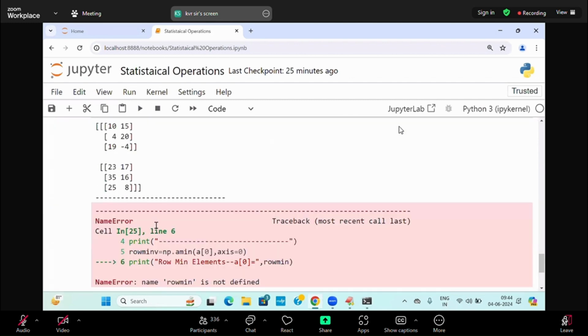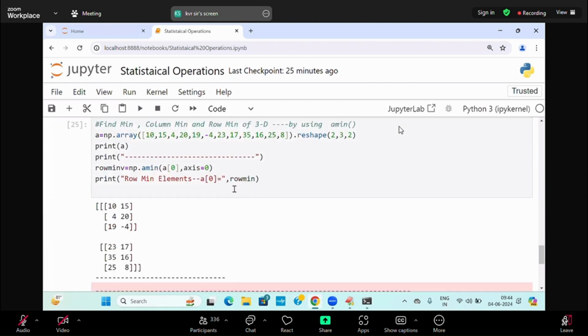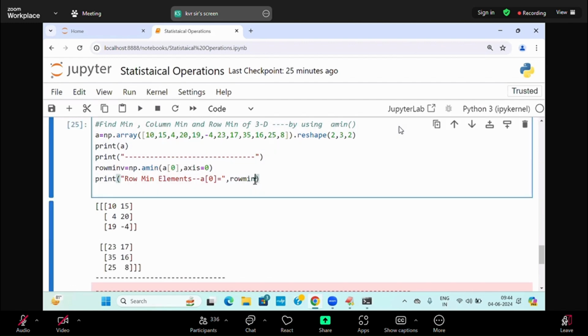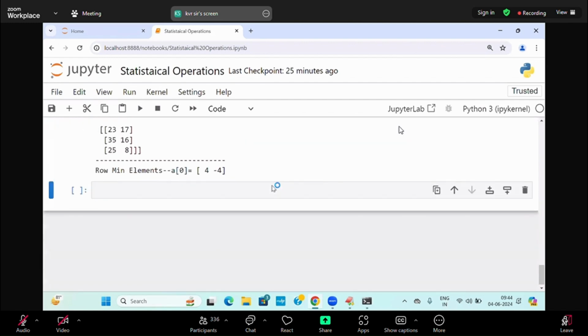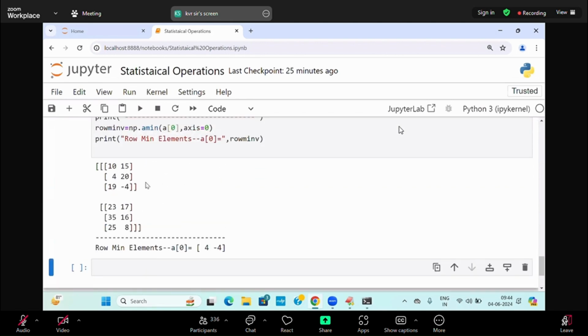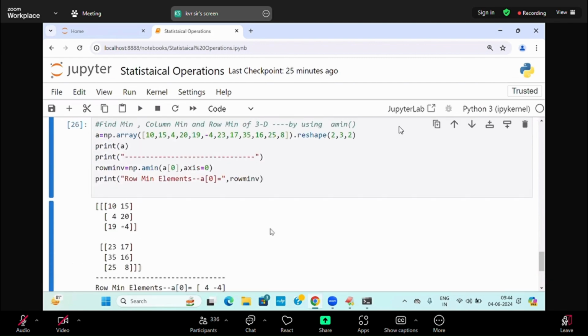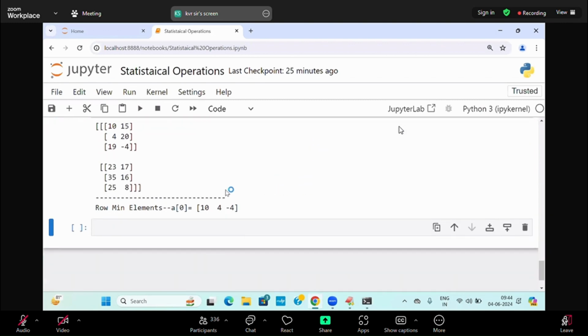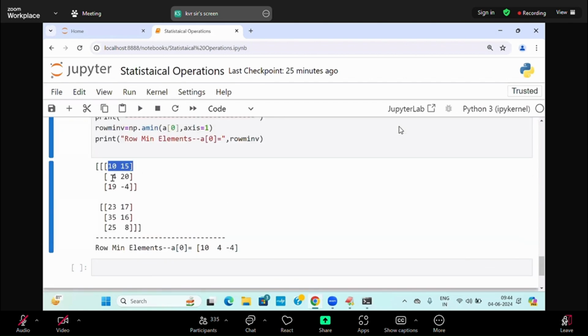So what am I getting? 4 and -4. A of 0 is giving columns, right? What should I say? 1. So what did I get? 10, 4, -4. That is very clear.